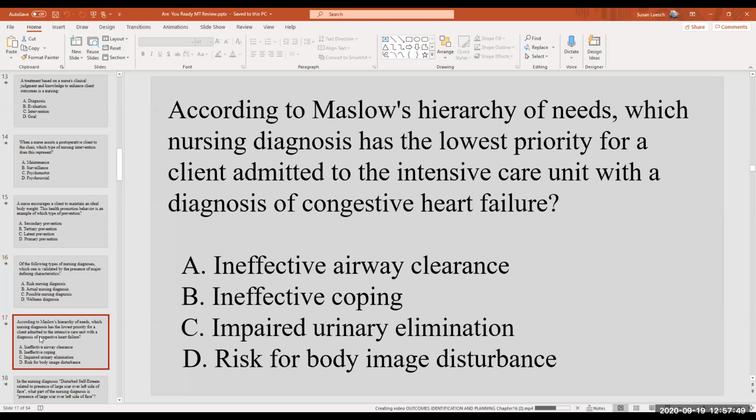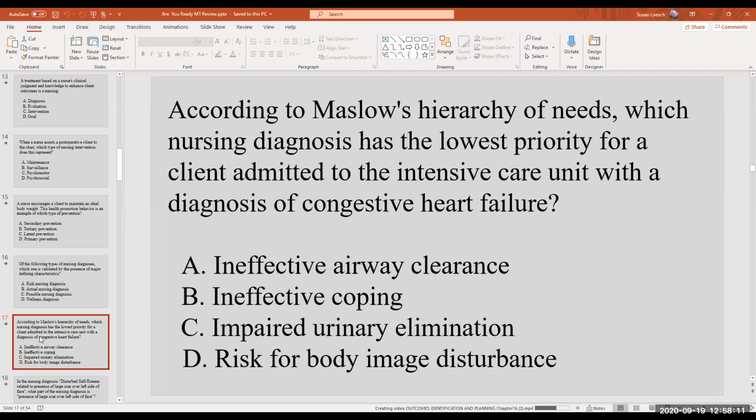According to Maslow's hierarchy of needs, which nursing diagnosis has the lowest priority for a client admitted to intensive care unit with the diagnosis of congestive heart failure? Now remember, we talked about this, and I said the highest risk priority are what? Airway. Those that are life-threatening.